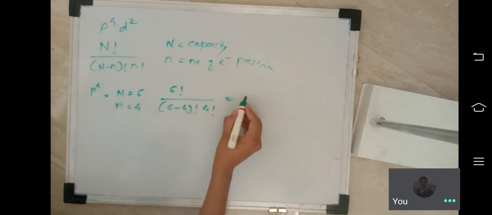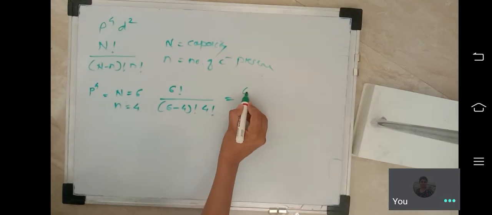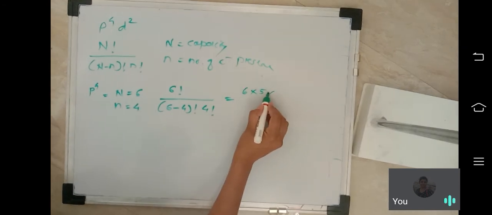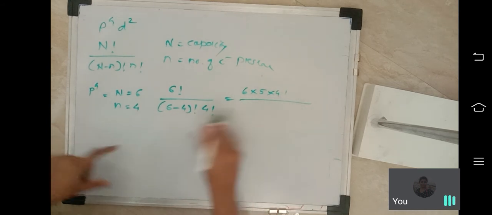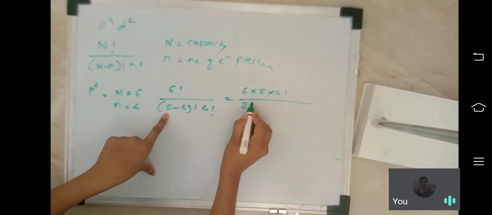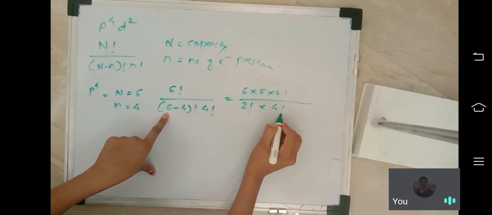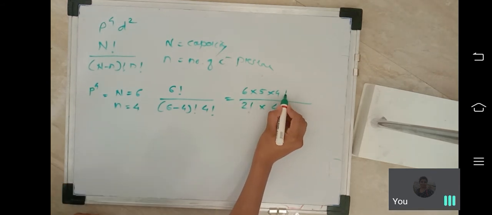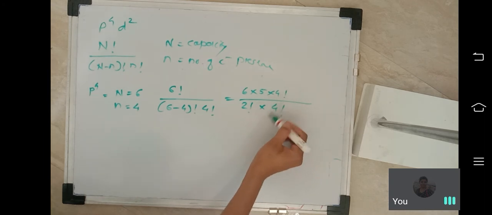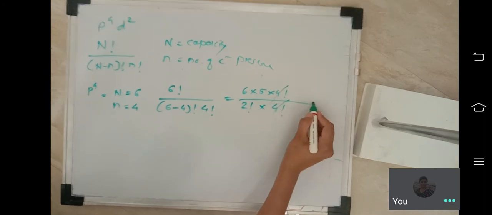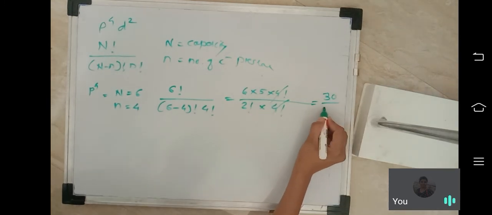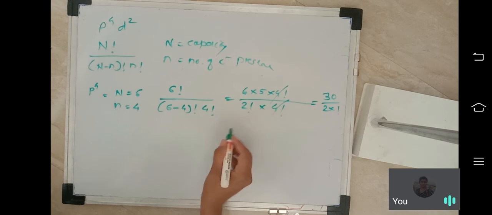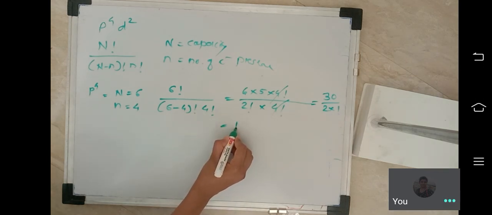Here 6 into 5 into 4 factorial, over 6 minus 4, that is 2 factorial, multiplied by 4 factorial. You stop here; the 4 factorials cancel. 6 into 5 is 30, divided by 2 into 1, that means 15. 15 is the answer.